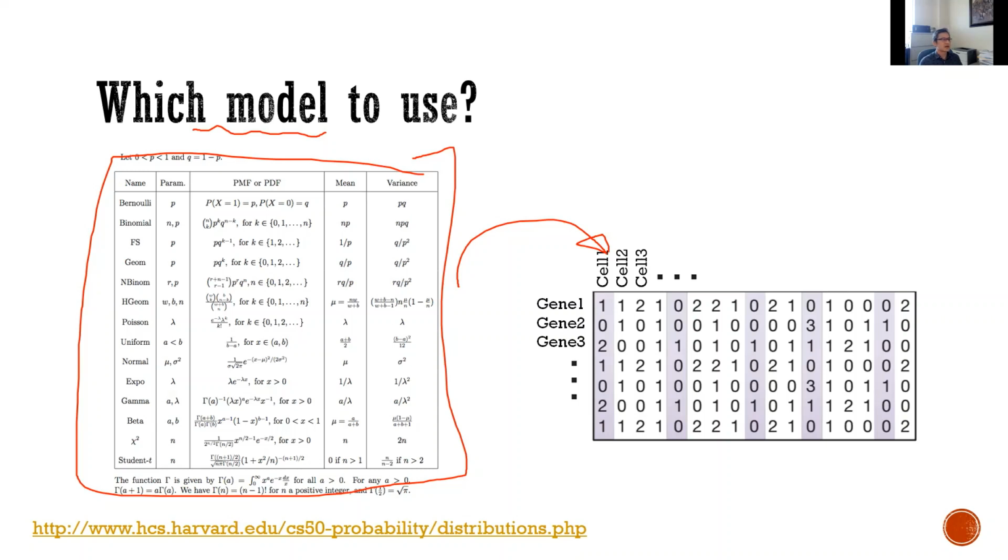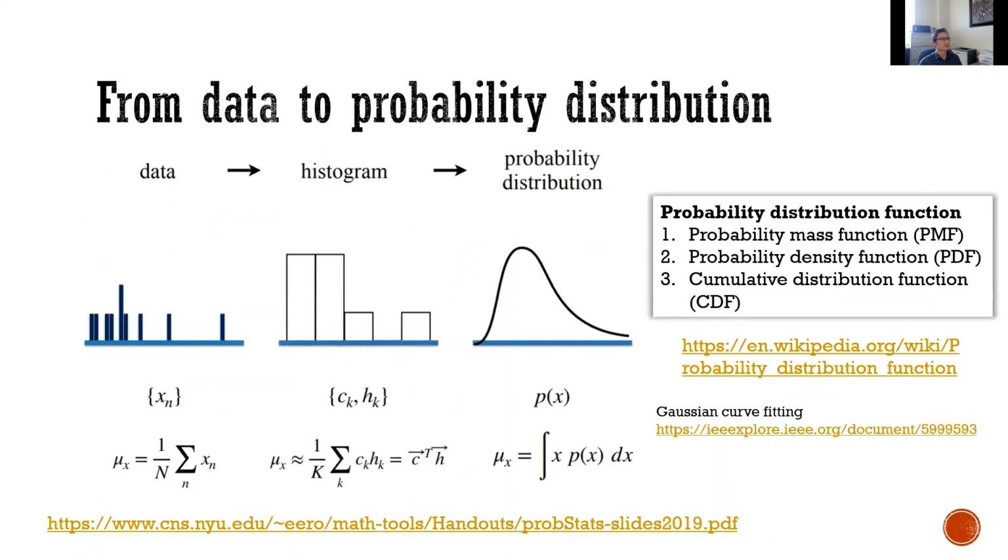Now let's think about how we can generate this model. How can we start from data and get the probability distribution that best describes the data we observed? Once we have that, we can simulate the data.